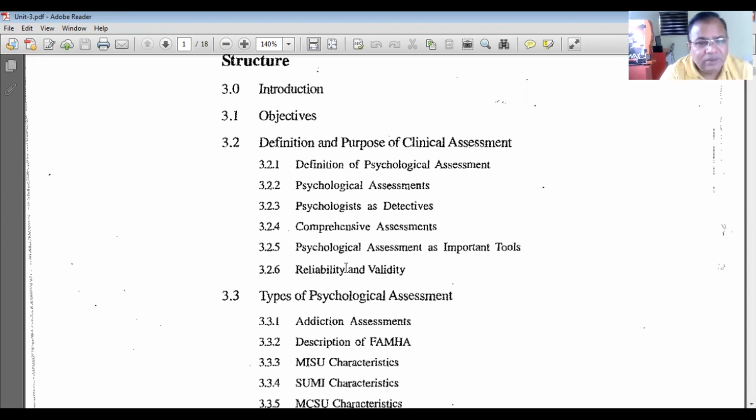And reliability, a test having reliability more than 0.80 or more than 0.90 is considered as most reliable. The test having reliability score of below 0.8 or 0.85, do not assume that the test results are very good. You have to investigate the problem from the other perspective, from the other angle.